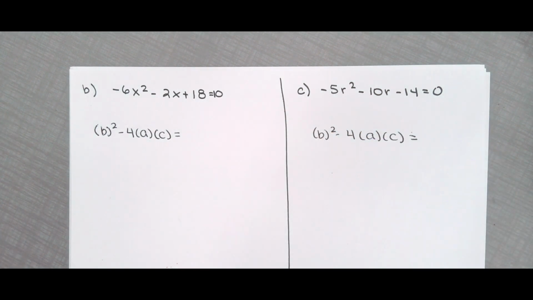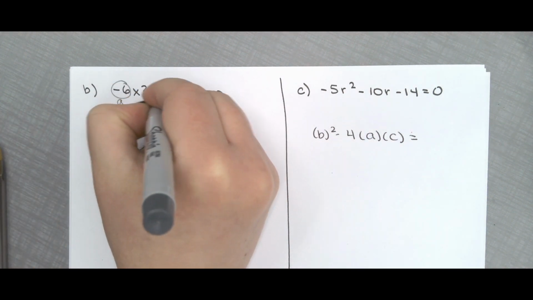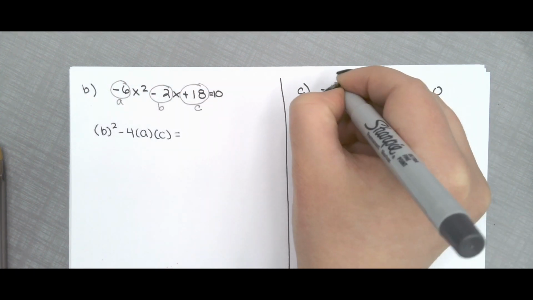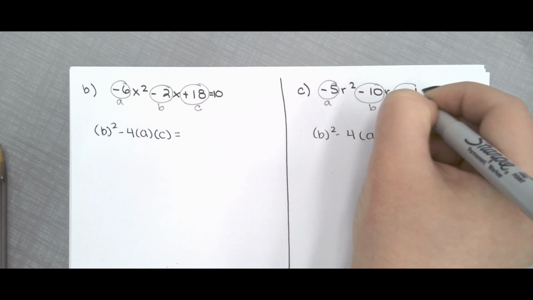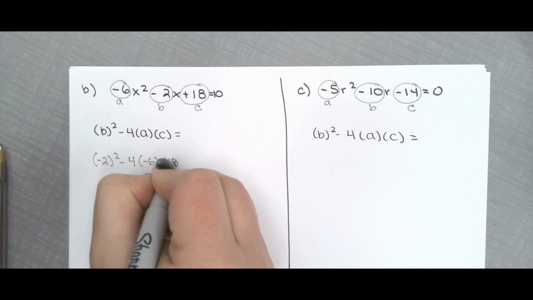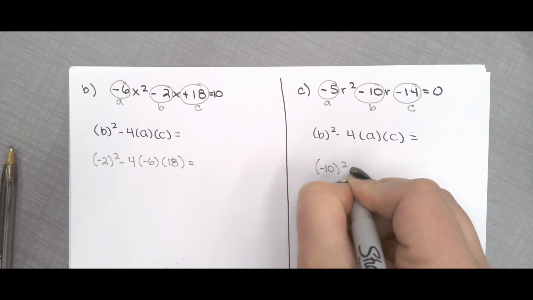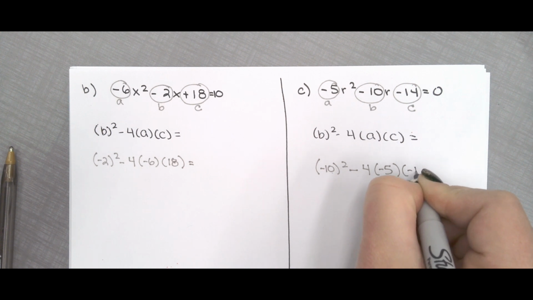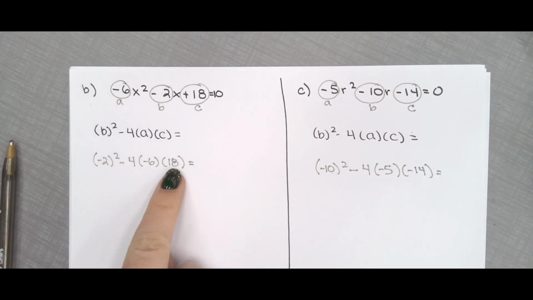And I'm just writing out the formula for you. All right, beautiful people, shout it out for this one here for B. What was the discriminant?